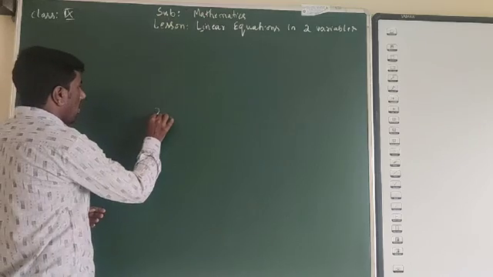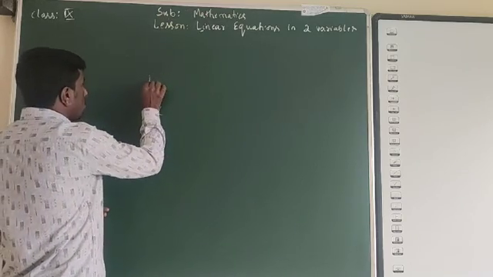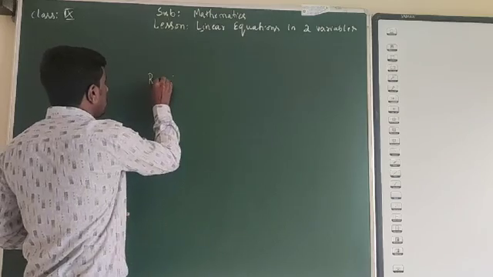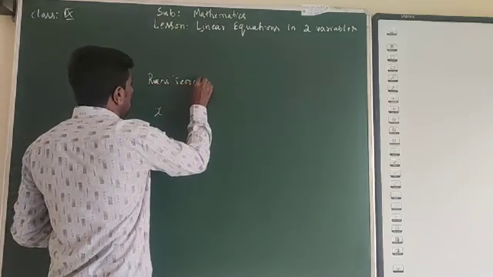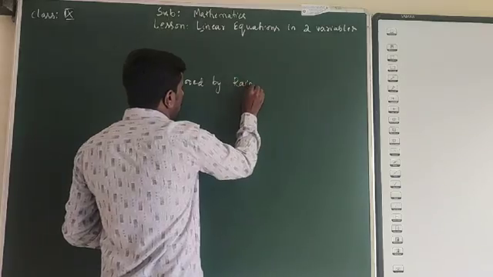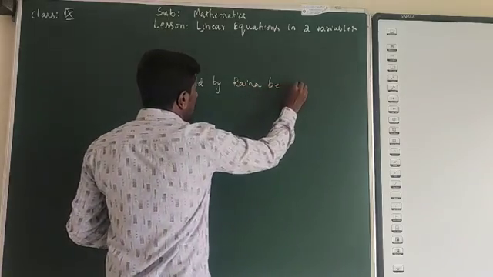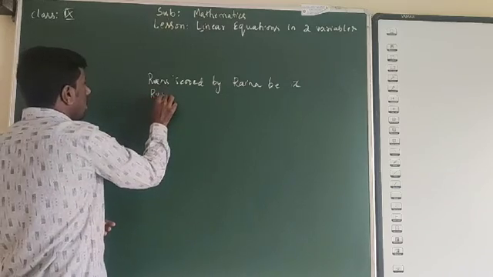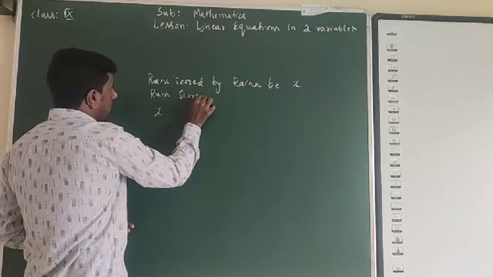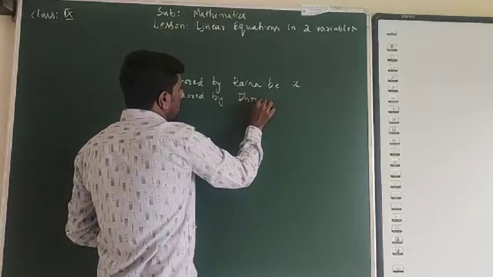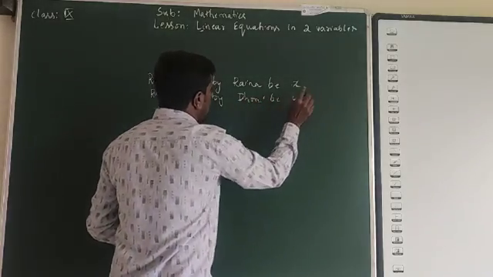Suppose the runs scored by the batsman Raina be x. Runs scored by Dhoni be y.